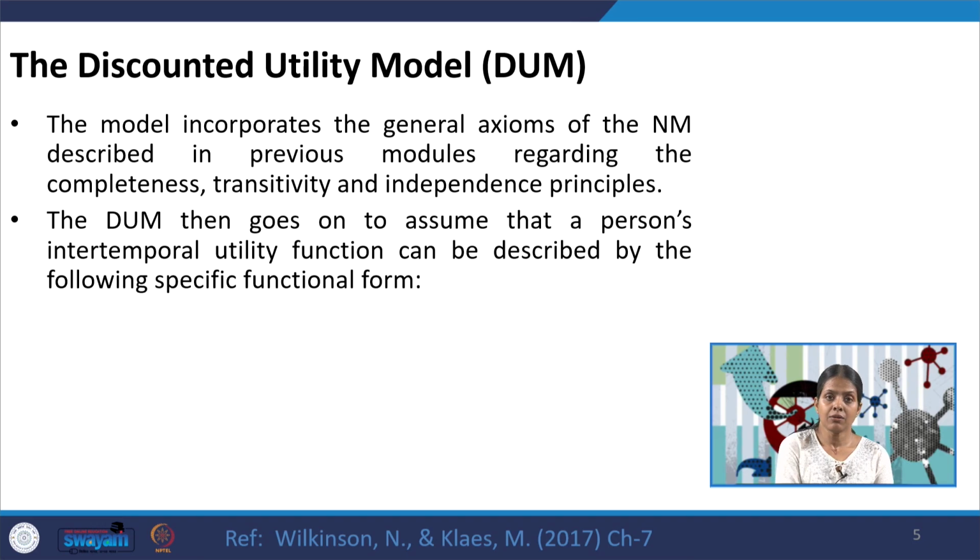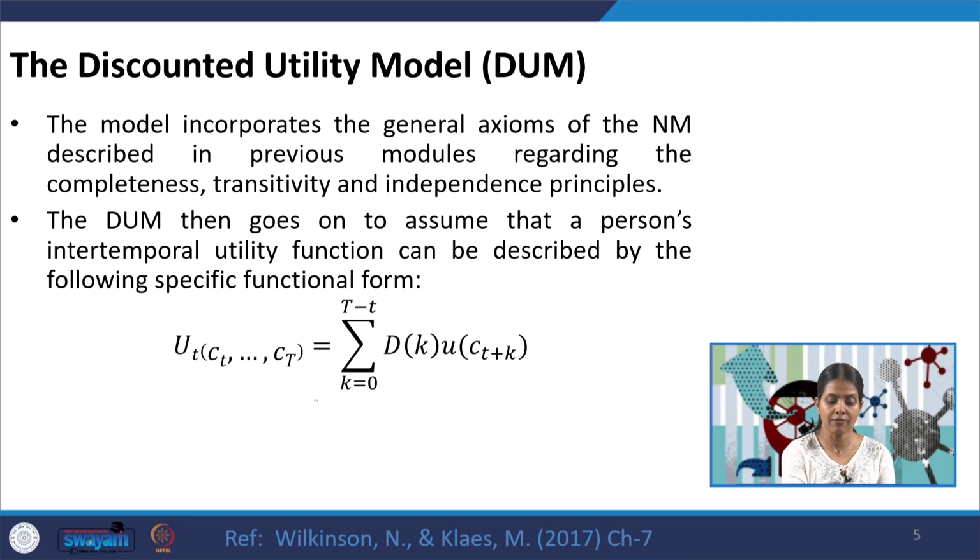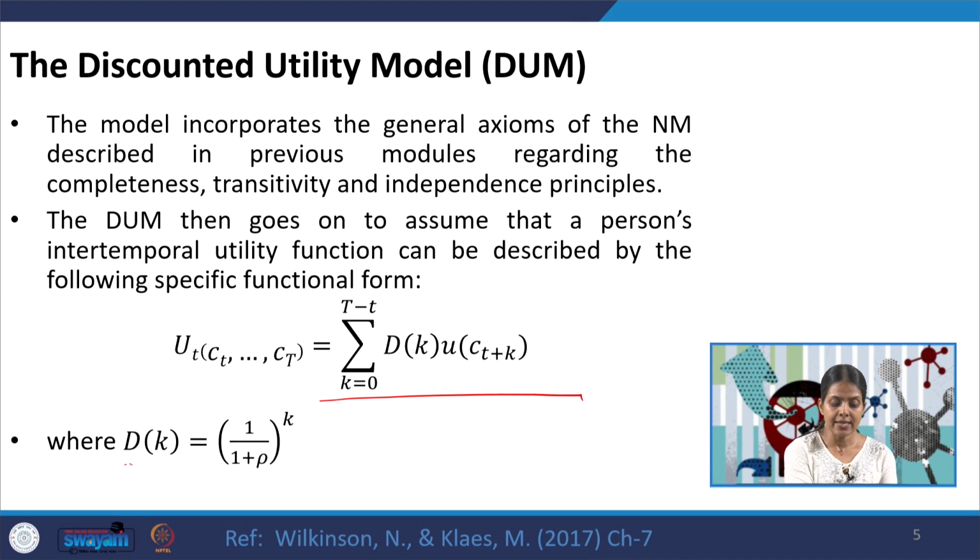The DUM then goes on to assume that a person's intertemporal utility function can be described by the following specific functional form, where dk is equal to 1 upon 1 plus rho raised to the power k. Now, if you remember, in the previous modules we have talked about a discount factor of 1 plus r.